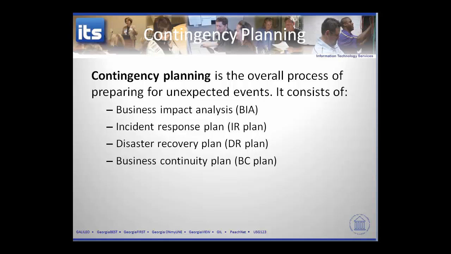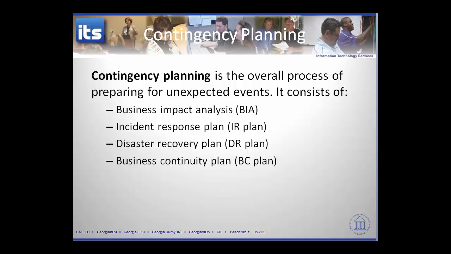Contingency planning is this overall process of preparing for unexpected events, and it's really got 4 components associated with it, and we're going to get into more detail associated with each one. But basically, you want to start off with doing that analysis and figuring out what's the possible business impact. Let's say, for example, that you live in an area that's frequented by tornadoes.